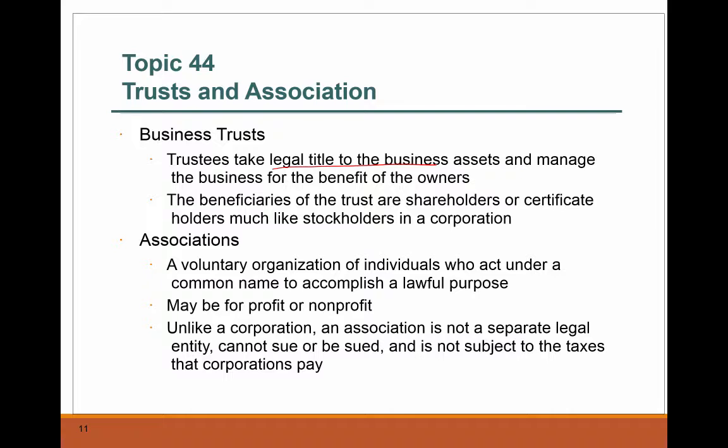Now an association is a voluntary organization of individuals who act under some kind of common name for a lawful purpose. You can have a profit or nonprofit association, but unlike a corporation, this association isn't really a separate legal entity. It cannot sue or be sued, and it's not subject to the taxes that corporations pay. Most associations are not-for-profit, and it's not a very common form of business entity.